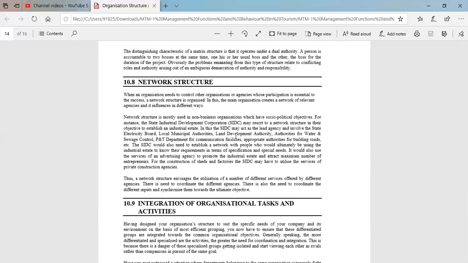Because in government there is a slow but legal procedure, and it is not profit making, it is a service organization. So network structure is used. Like there will be a director, and before the director, an assistant director. When the final product is prepared, after that the marketing is done.